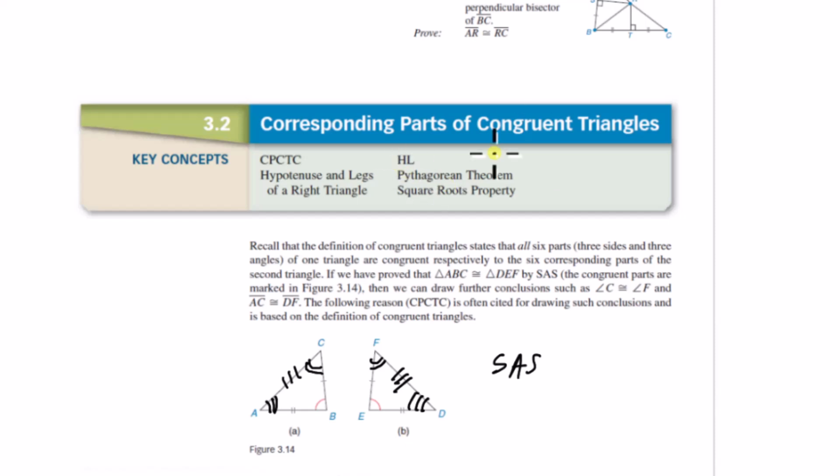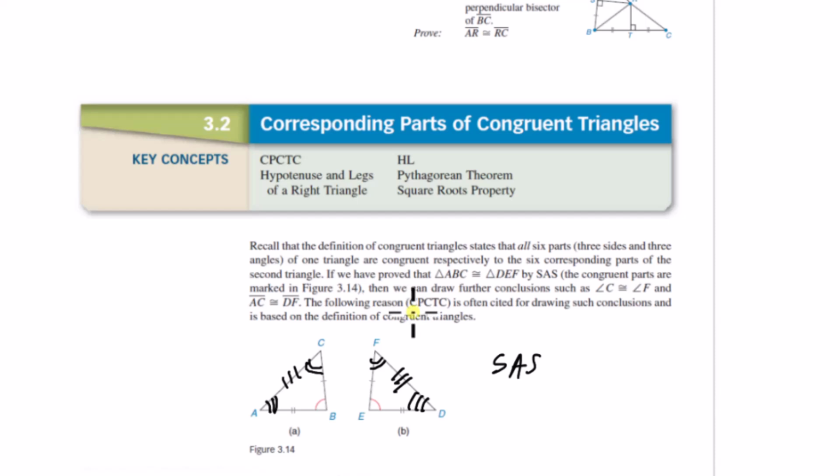So it says, since we can show by side angle side that these two triangles are congruent, then we can draw further conclusions, such as angle C is congruent to angle F, and side AC is congruent to side DF. The following reason, this CPCTC, which is corresponding parts of congruent triangles are congruent, which you could come up with a statement like this for the congruence of any figures.